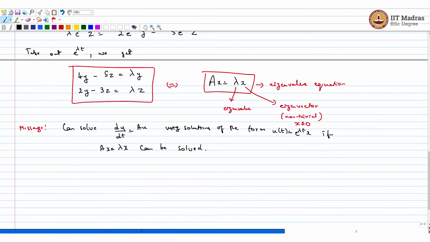Okay, so that's really the message, and this leads naturally to the definition of eigenvalues and eigenvectors.